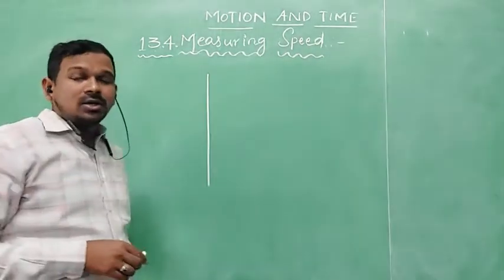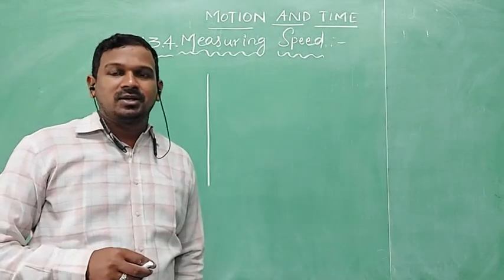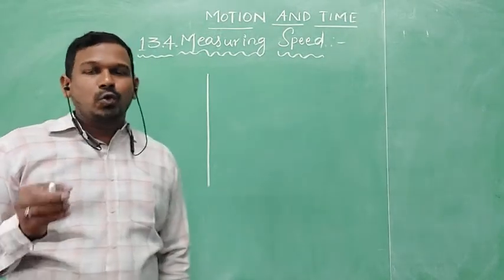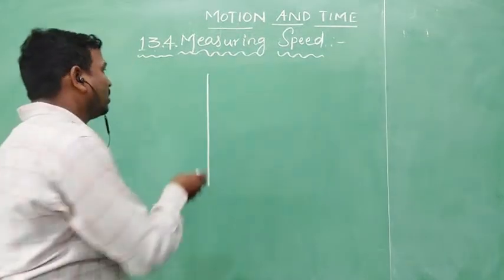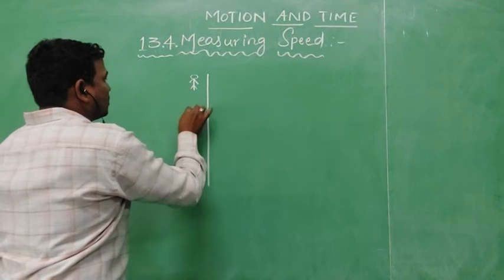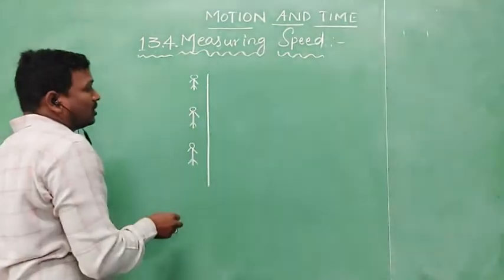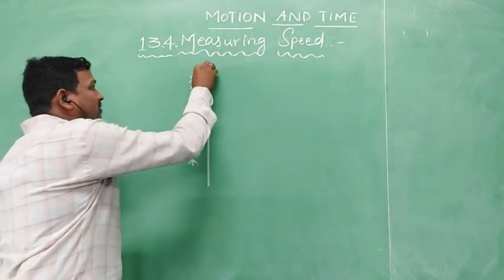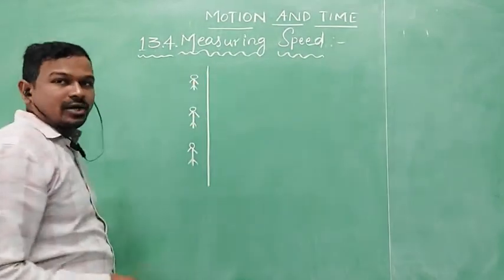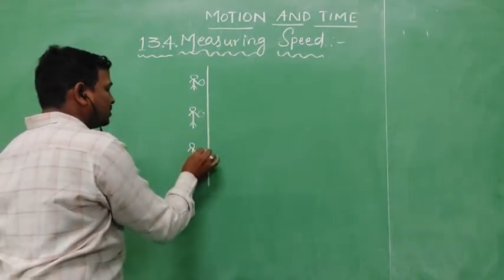So I divided some children into many groups: Group A, Group B, Group C, Group D. Now here I am taking one person belonging to Group A, Group B, Group C. I gave a ball to each into their hands.